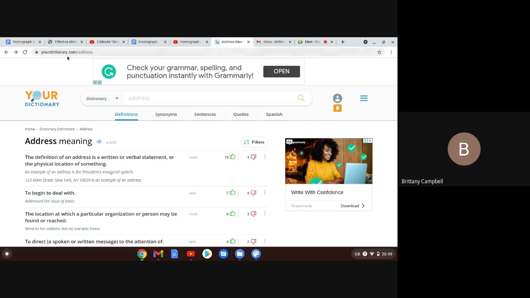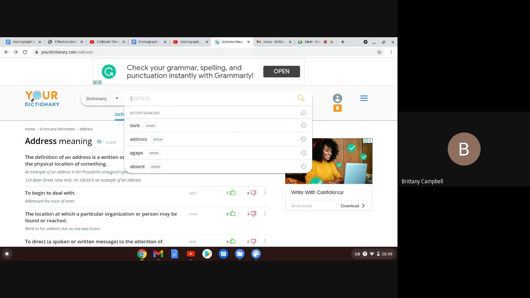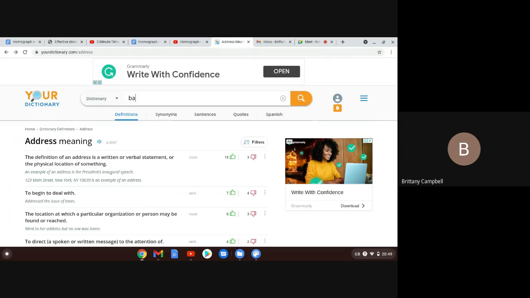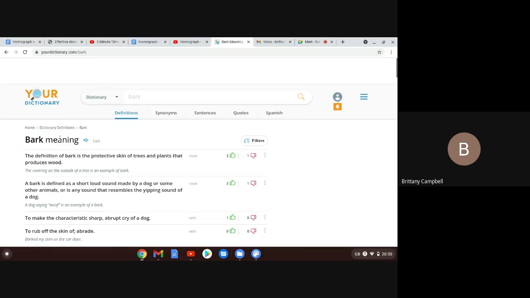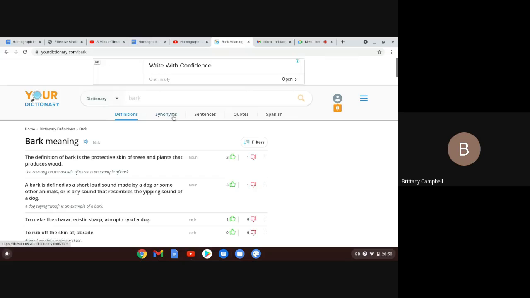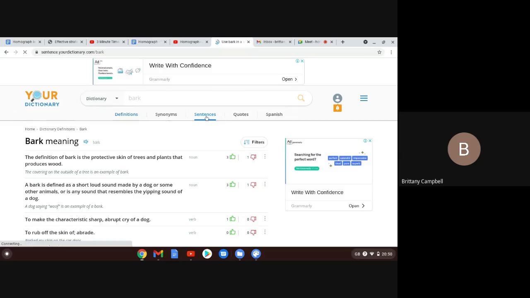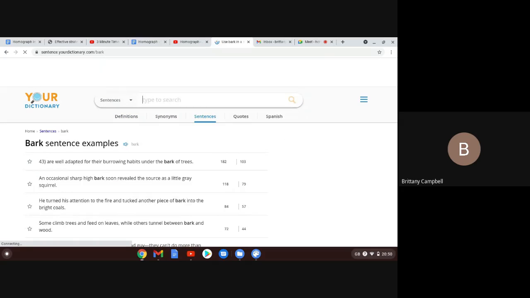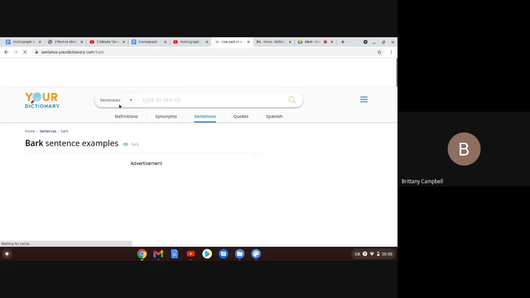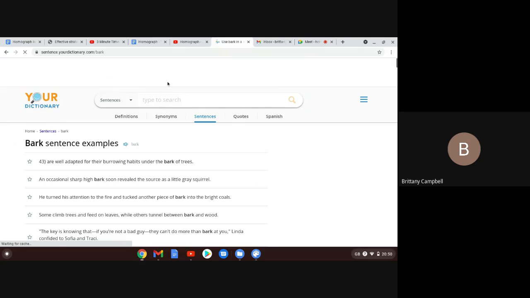So if you need to know a specific word and the meaning, let's say a homograph such as bark, you type it in where it says dictionary and you click on it. It gives you the meaning of the word and you're able to practice even some of the sentences. So here it says dictionary definitions, synonyms, sentences. So I want for you to practice as many as possible. Even the video there, you can rewatch it and ensure that you practice as much as possible.